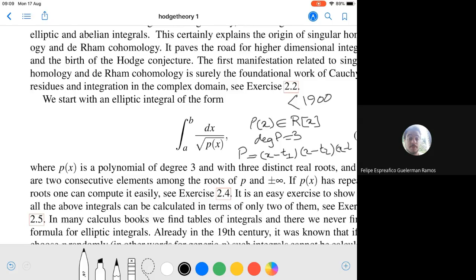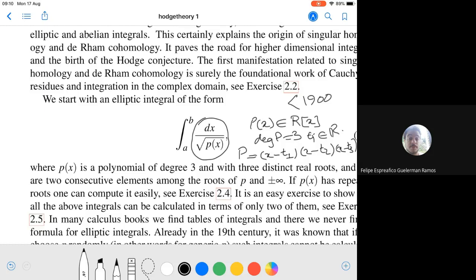So the t_i's are real numbers. Then you form dx over the square root of p(x), and you are integrating over consecutive roots of p.